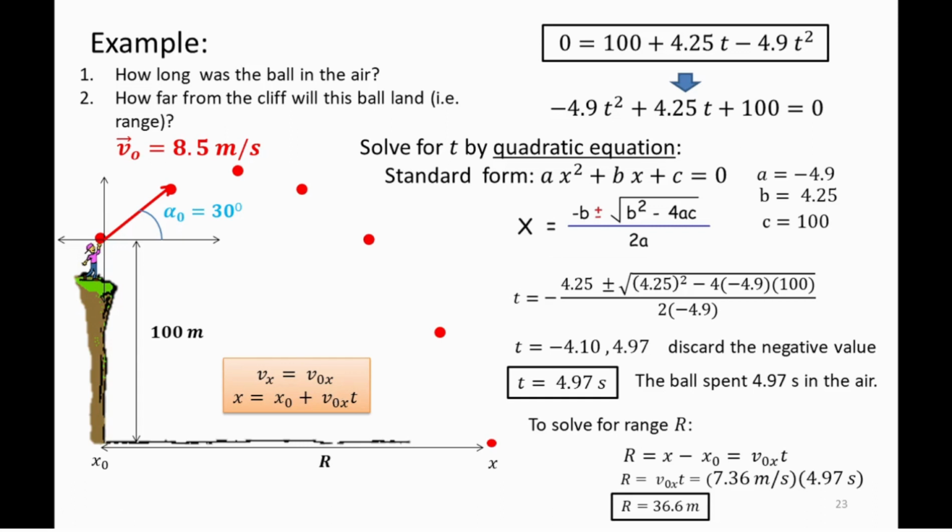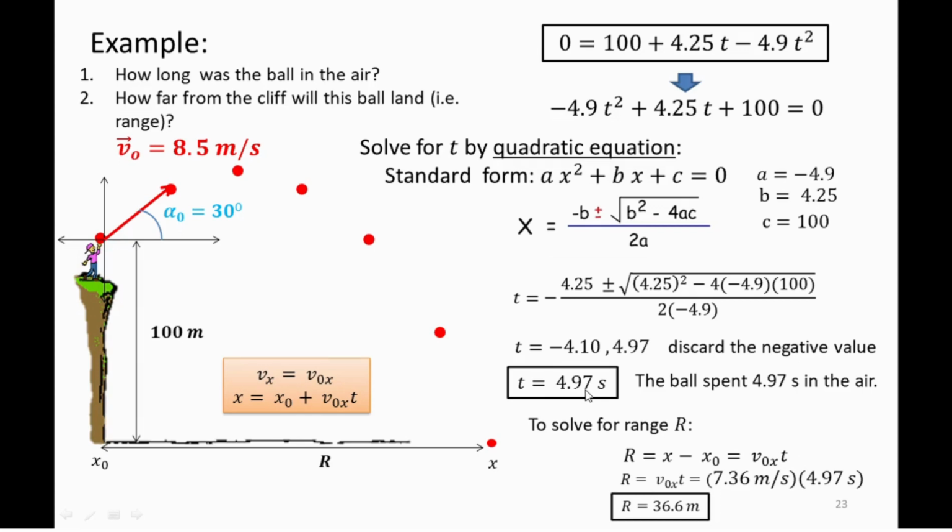So we just rearrange this second equation here, remembering that the final x position minus the initial x position is equal to the range, and it is equal to the x component of the initial velocity times the time. The air time is just this answer here in the first question.